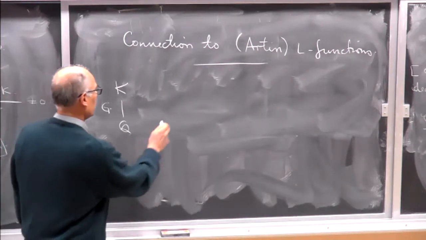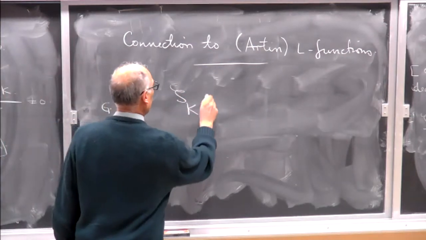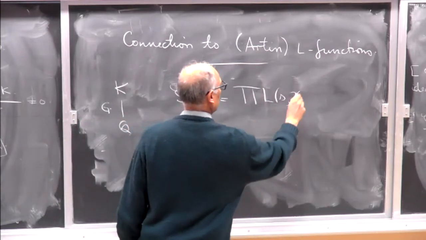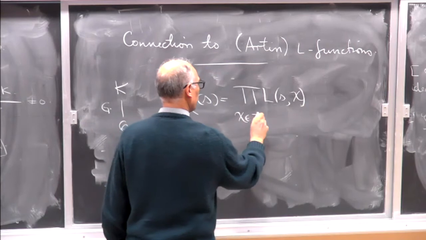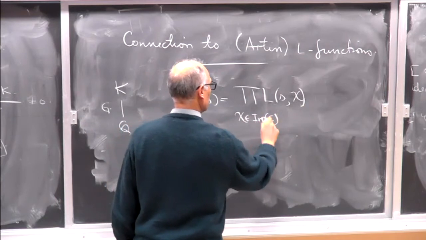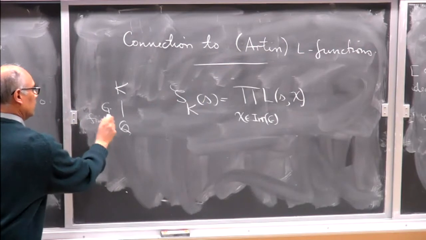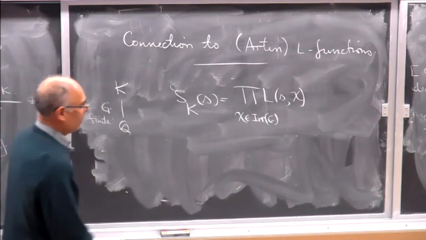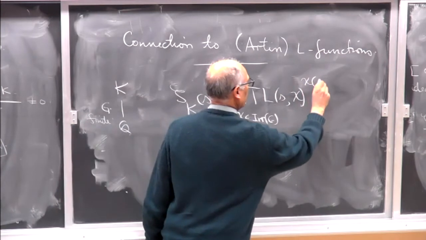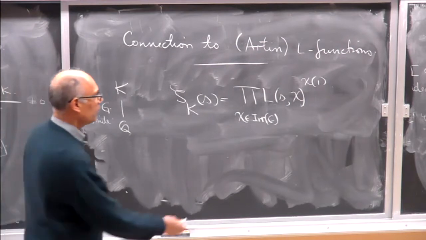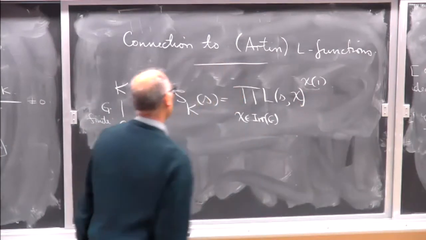In this case, the zeta function can be factored as a product of L functions. These chi's are going over irreducible representations of the group G, some finite group, occurring with multiplicity equal to the degree of the character. So chi is the character associated to some finite dimensional representation of degree chi of 1. So this is a factorization.